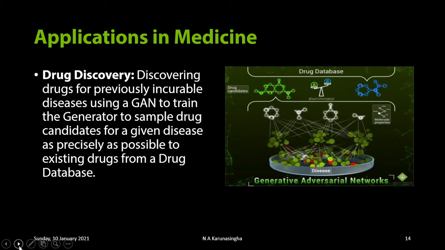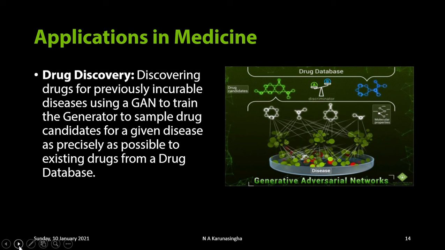And moving away from things like images and video, multimedia applications, like I said, you can use numerical data, text data as well. It can have applications even in fields like medicine. So one potential application is called drug discovery.